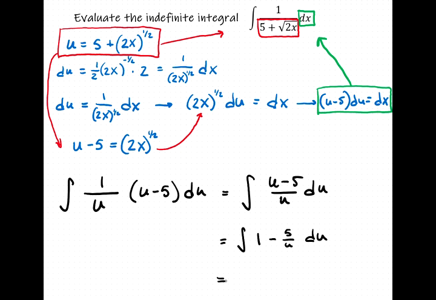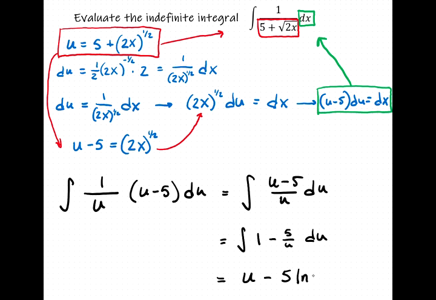Okay, now we're finally at a point where we can integrate. We can find the antiderivatives. The antiderivative of 1 would be u, and the antiderivative of 5 over u, or 5 times 1 over u, is the natural log. The antiderivative of 1 over u is the natural log of the absolute value of u, and then there's a 5 out front.